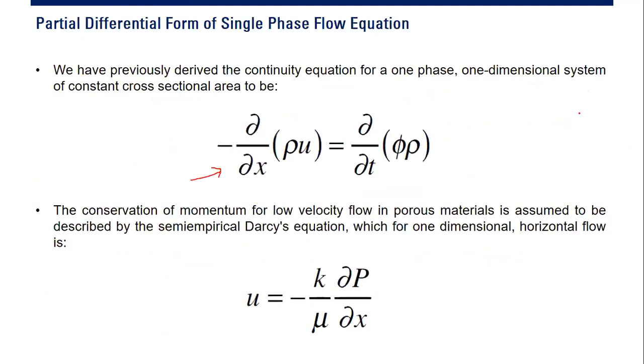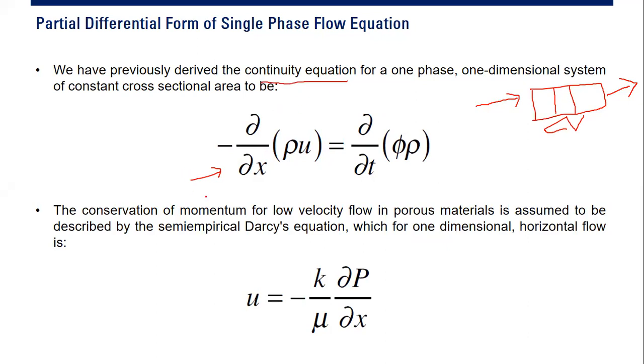If we have a rock slab like this, and one direction of fluid flow, and then we perform discretization and get the control volume, CV, and we derive the continuity equation, we get minus d/dx of density multiplied by velocity equals d/dt of porosity multiplied by density. This is the continuity equation.